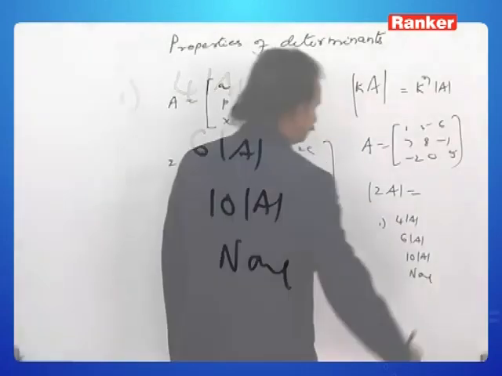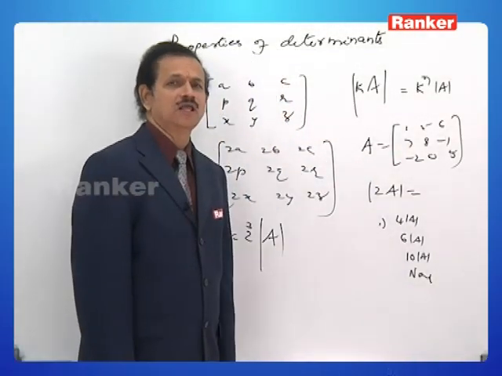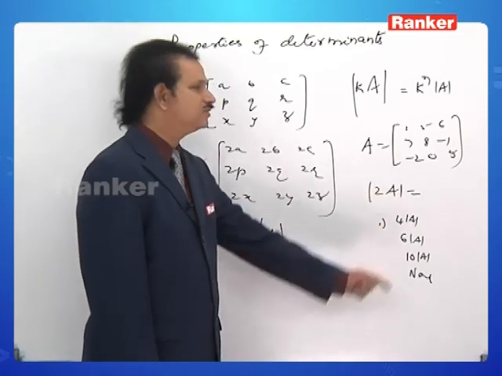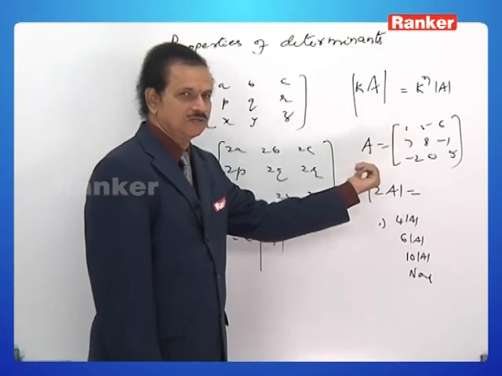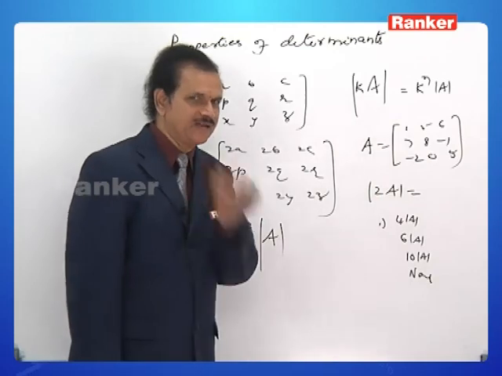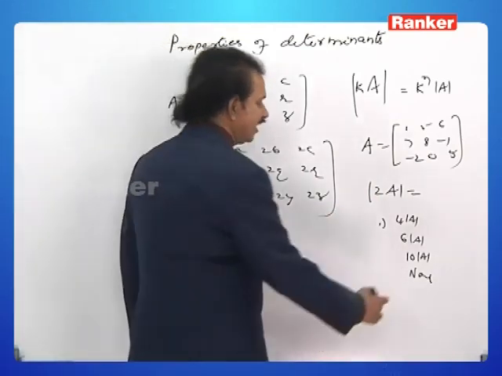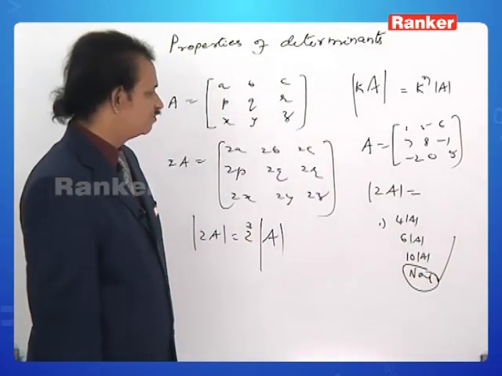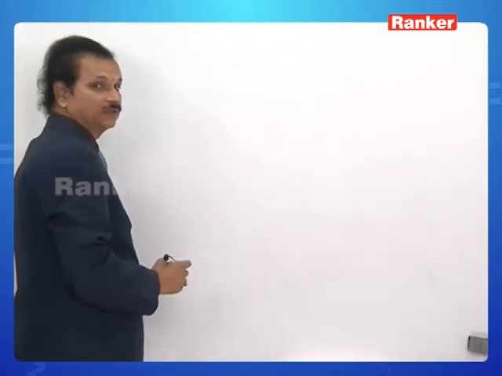What is the right option? How many rows are there? 3 rows are there. What is asked here? Det 2A. 2A means 2 can be pulled out from the first row, second row, third row. So 2 into 2 into 2, 8 times it becomes. So 8 into det A must be the answer, and it is not available. So in this case, what is the suitable option? None. It is none.